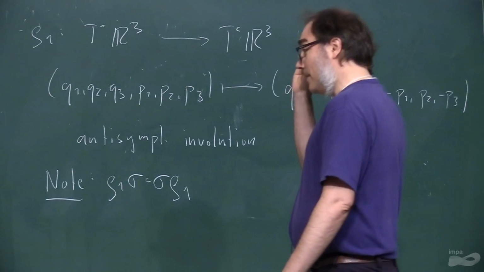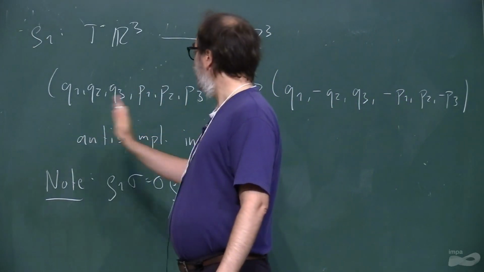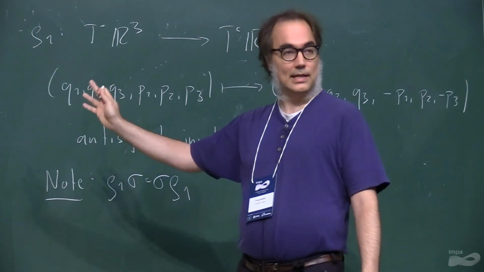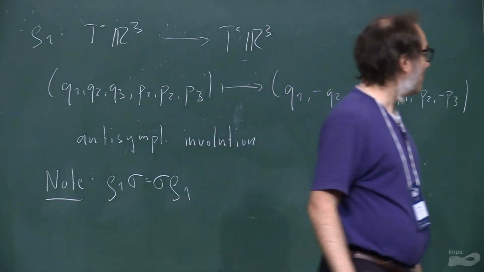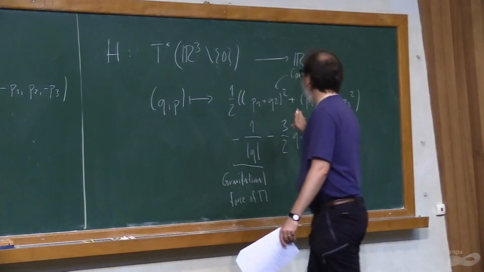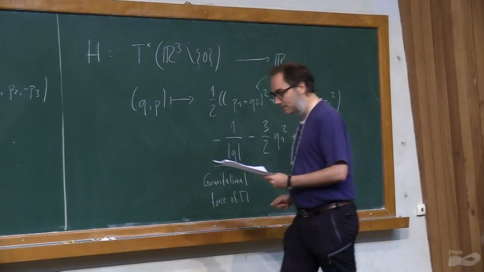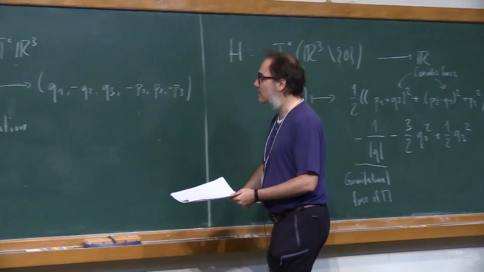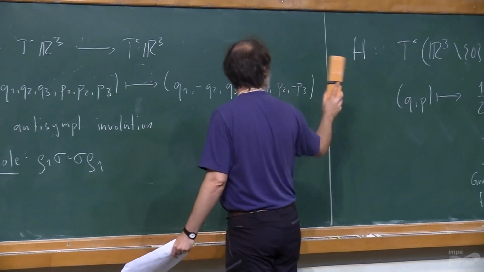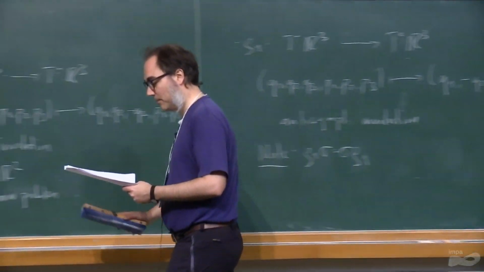And these two involutions we have already in the restricted three-body problem. But now, for this Hamiltonian, we have an additional involution, which does not hold in the restricted three-body problem.